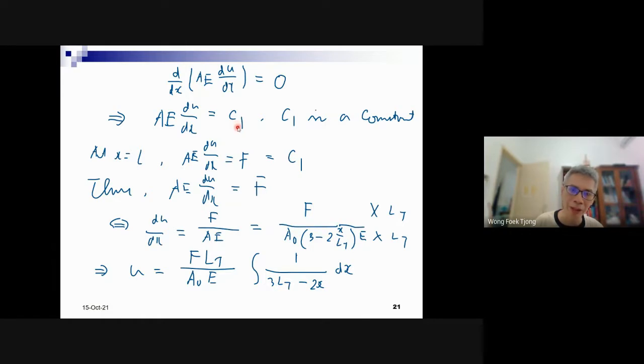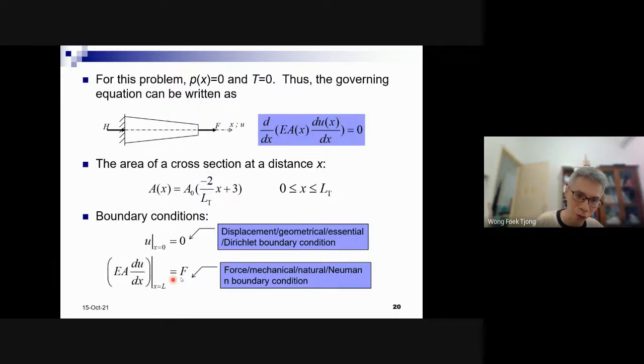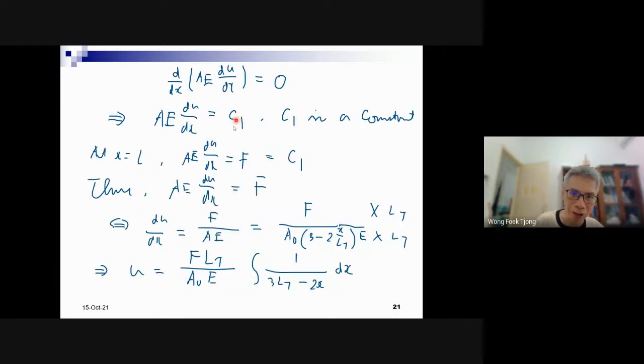The boundary condition says that at the right end, at x equals L, this should be F. So what is C? It should be F, right? Because at x equals L it is F, and since it is constant, it should be F everywhere. So we can conclude that A E du/dx equals F. Actually, this is the normal force, right?